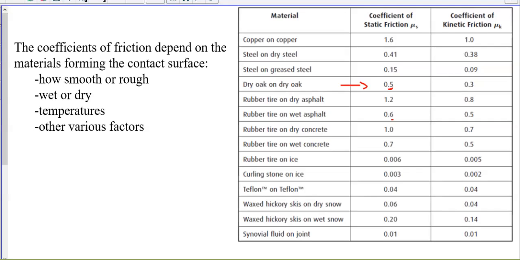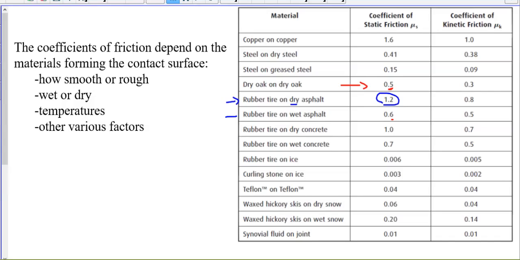So charts are only so good. Most of the time you just end up calculating it yourself, but it does give you an idea of how good two surfaces will be in contact as far as their friction is concerned. If you pick just rubber, and again, there are many different types of rubber, so let's take a generic rubber: if your vehicle is at rest, a rubber tire on dry asphalt, on the road, your coefficient of static friction is approximately 1.2.